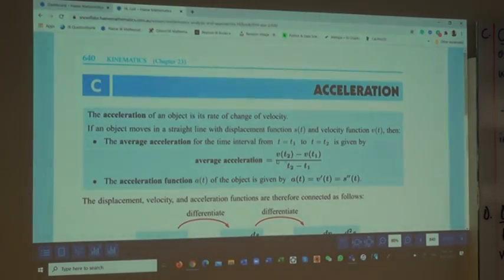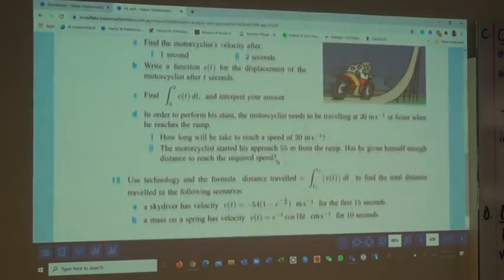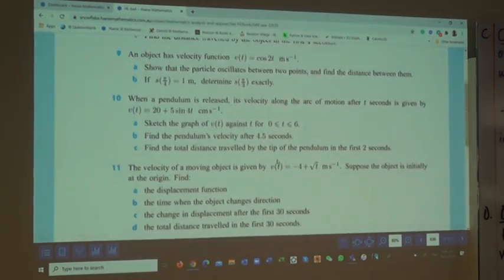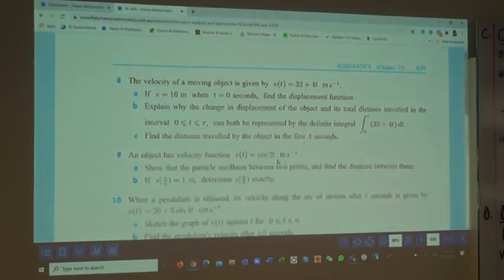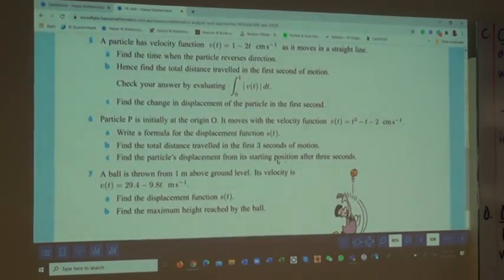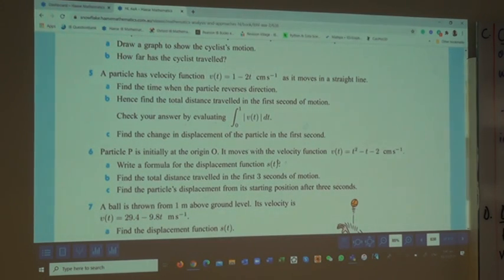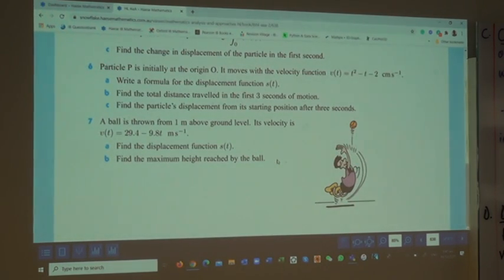I hope everybody is going home with their book. Okay, how about you try this? Let's see which one is sweet.